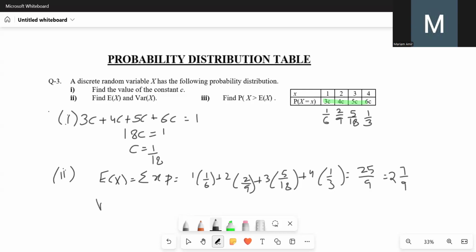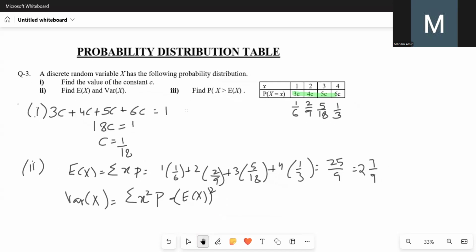Next, we have to find variance. Variance is also, the formula is given, which is summation x square p minus square of the expected value. Okay, so let's do that.